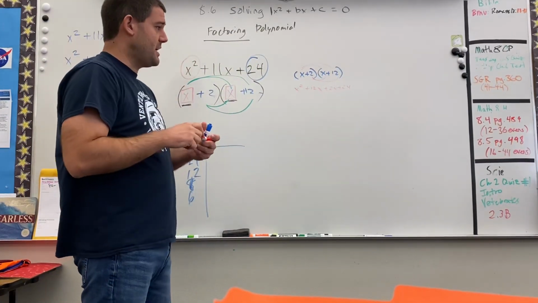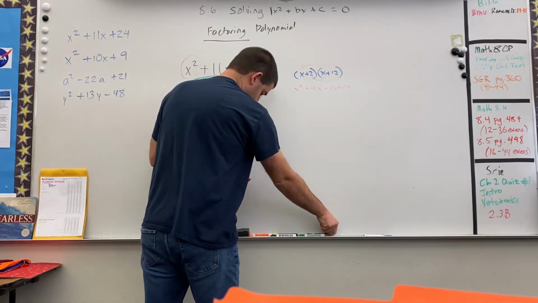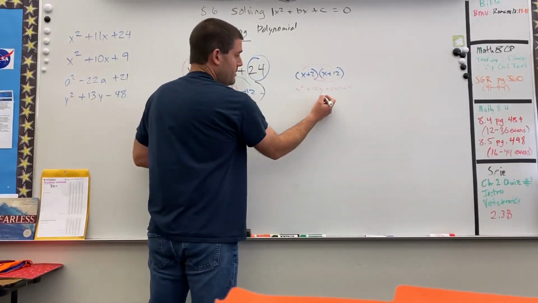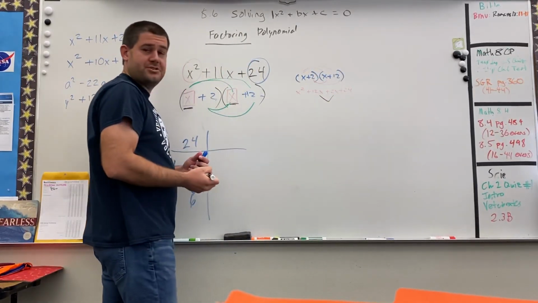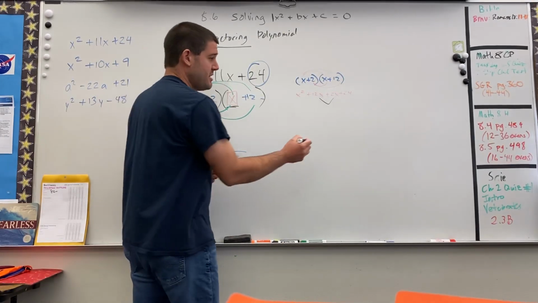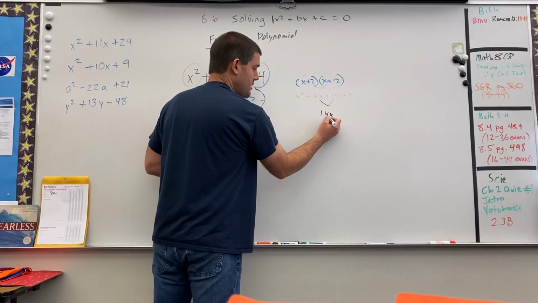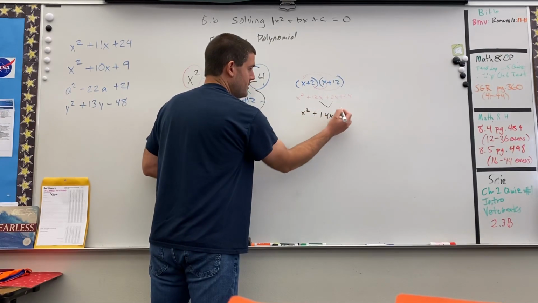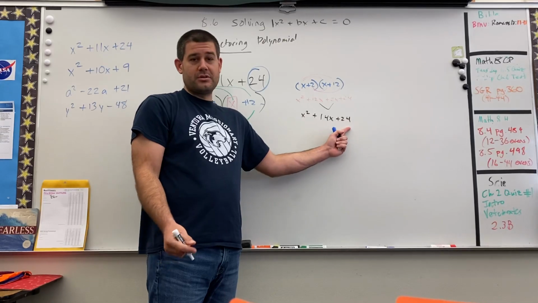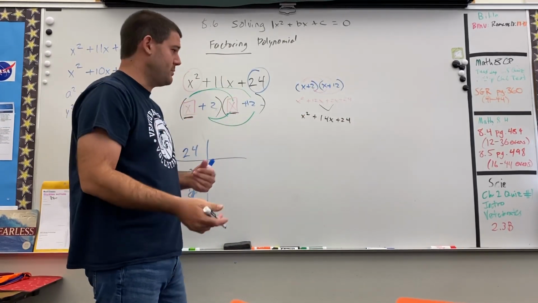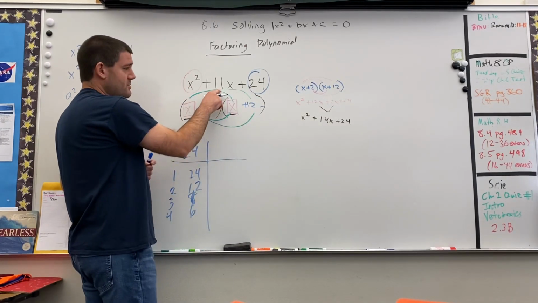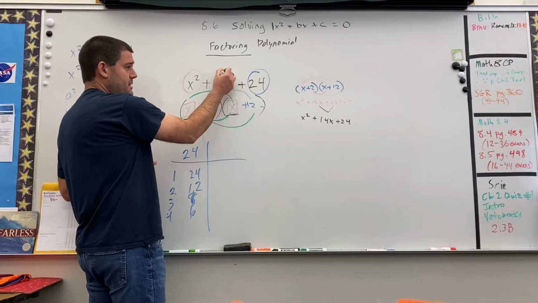So now we have to combine like terms. These two are the only things you can actually combine. So the 12x plus 2x makes a 14x, plus x squared plus 24. Notice the x squared and the 24 don't have anybody else to combine with. So the 14x, does that match our guy at the beginning in the middle?